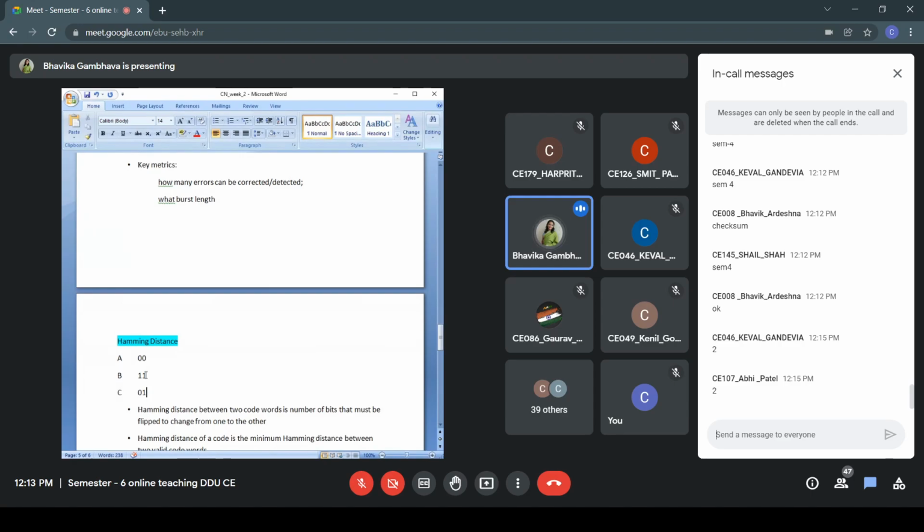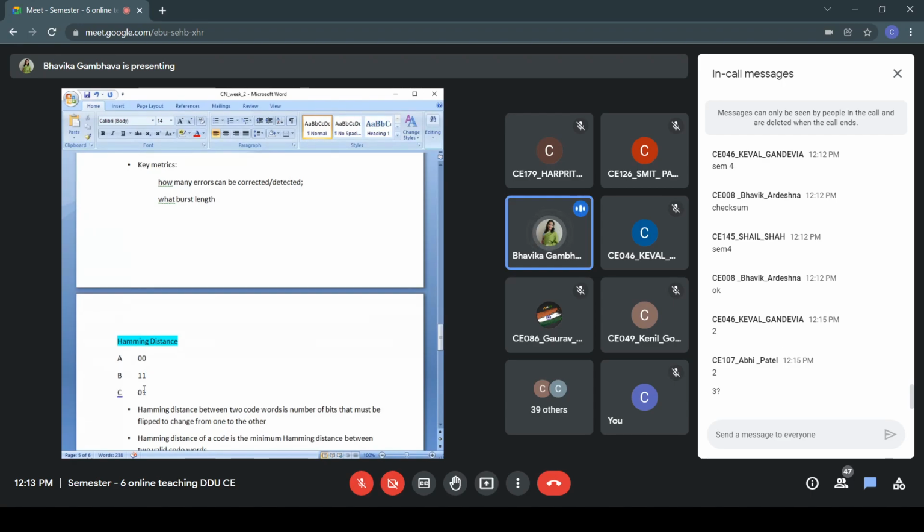Between B and C, it is 1. And between A and C, it is 1. So, then it will be 1. Whatever is the minimum difference between all the possible pairs, that is the Hamming distance. So, Hamming distance in this scenario will be 1. We will be finding out the distance between all the codes. Whichever is minimum, that will be the Hamming distance.